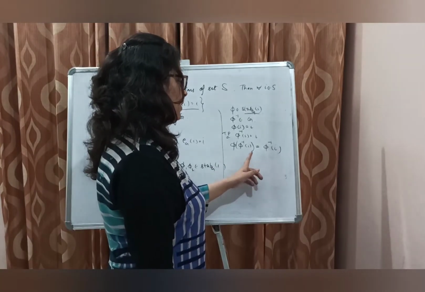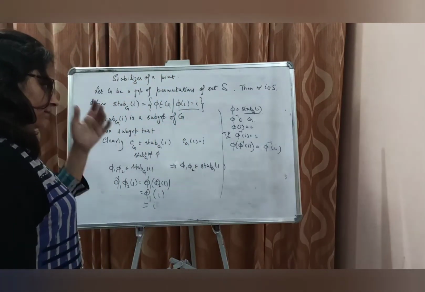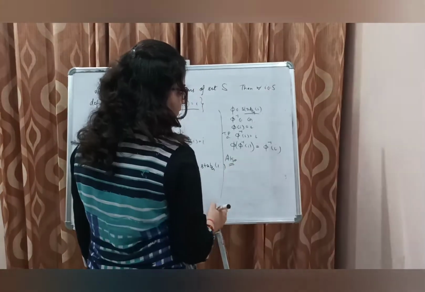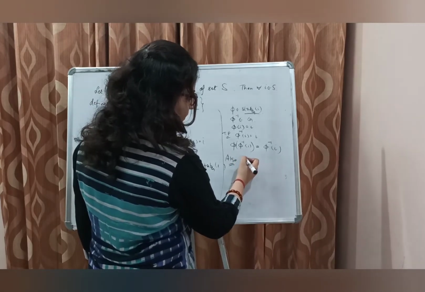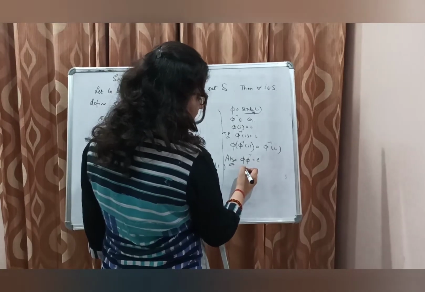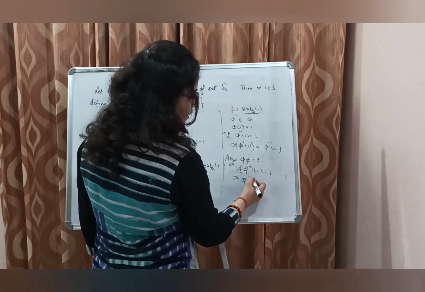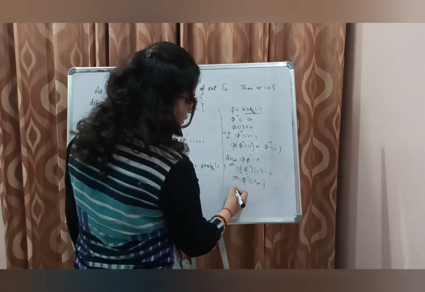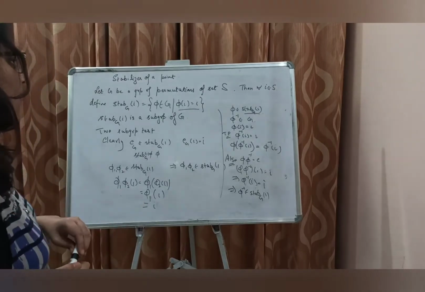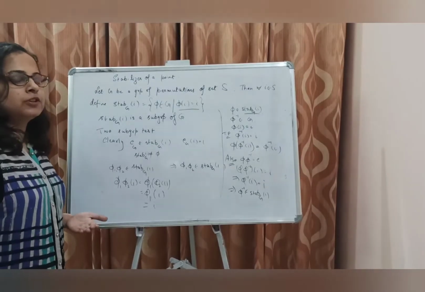Phi of phi inverse of I is equal to I, because phi of phi inverse is the identity. So phi inverse of I is equal to I. This implies phi inverse belongs to the stabilizer of I in G. So by the two subgroup test, this is a subgroup of G. Okay, so the stabilizer of a point in a group of permutations is a collection of all permutations that fix that particular point.